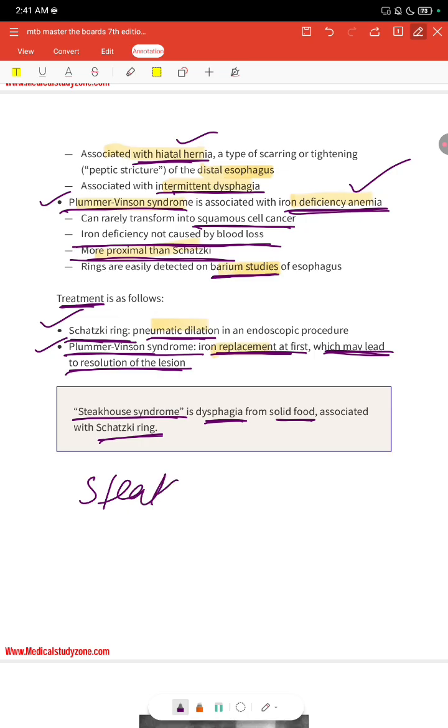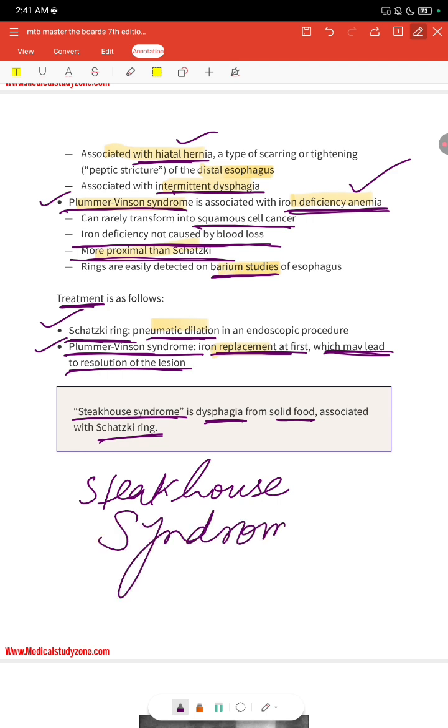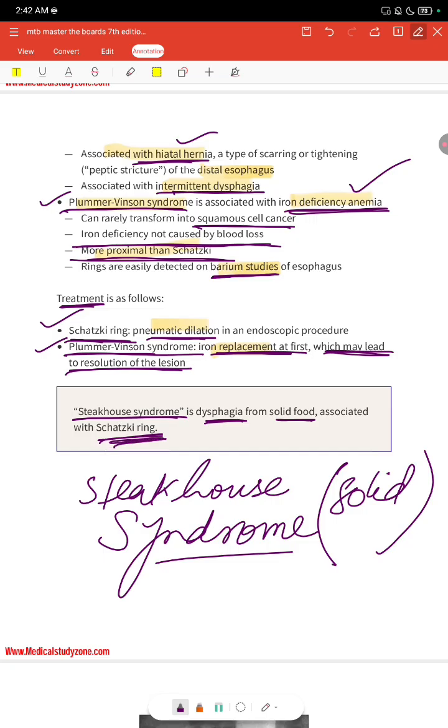So what is Stackhouse syndrome? Stackhouse syndrome is basically dysphagia from solid food. Why do we get it? Because it has got association with Schatzki ring.